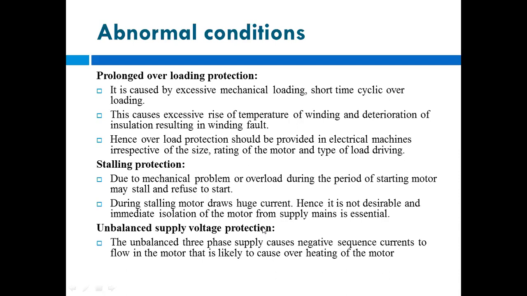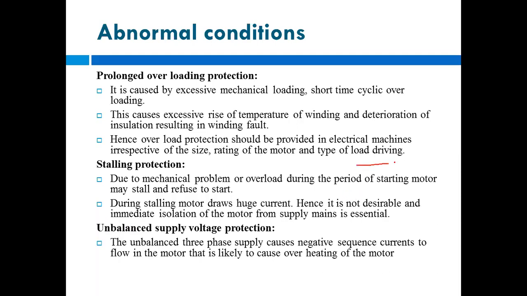So you have studied that these bars are skewed. म्हणजे जे रोटर कंडक्टर्स असतात, rotor conductors, these are not straight. These are skewed. These rotor conductors are skewed, meaning they are not straight.